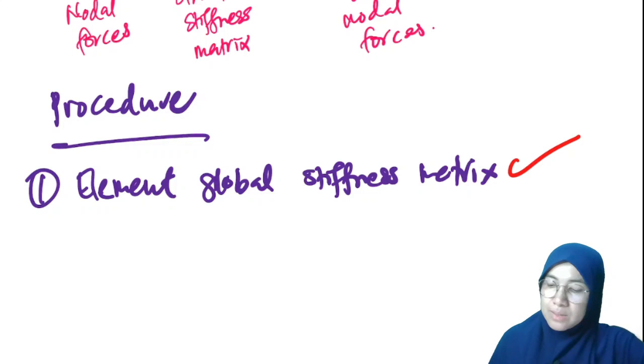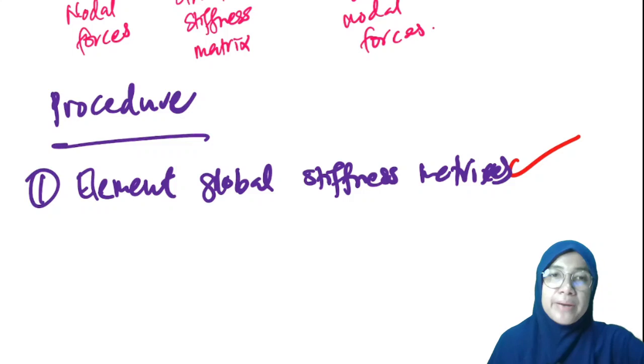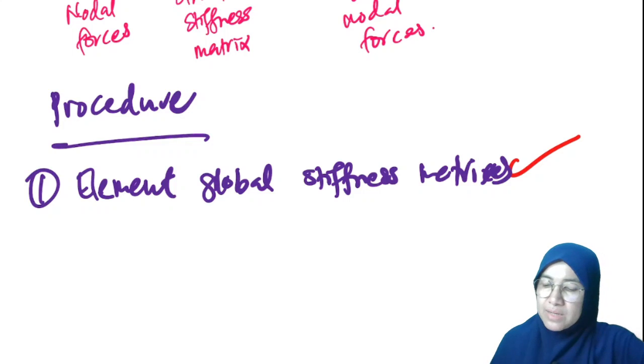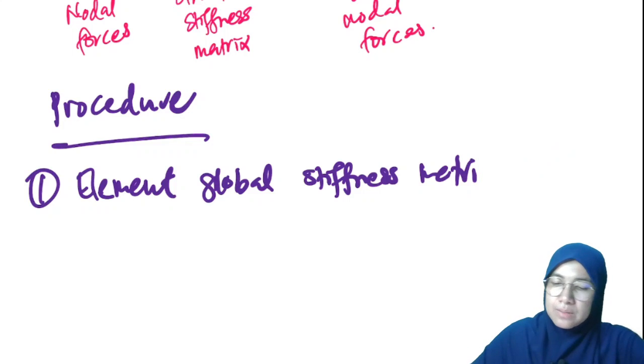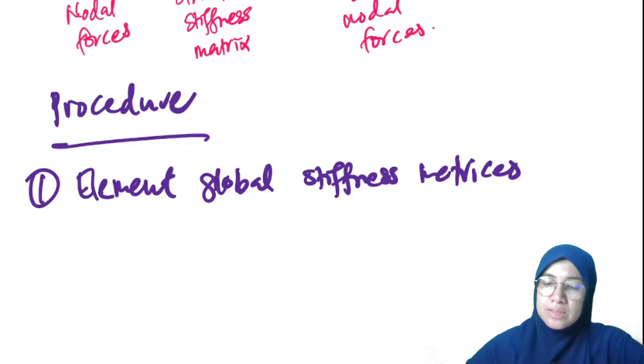Matrices, because we have more than one element to become the structure. Okay, element global stiffness matrices. Okay, this is compulsory that everyone should do when you want to analyze a frame.